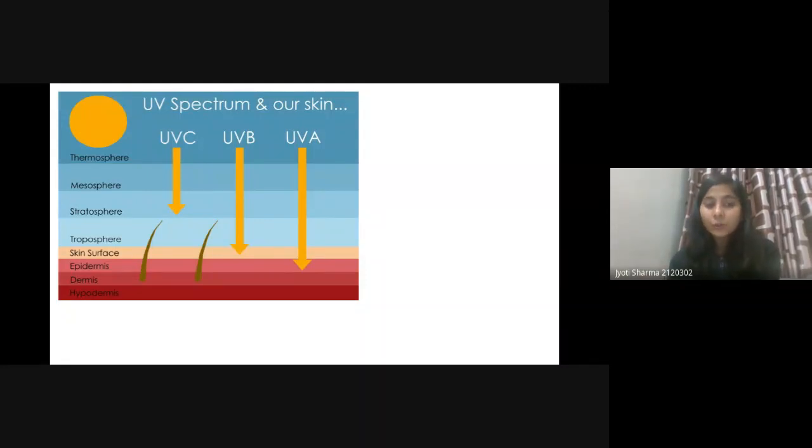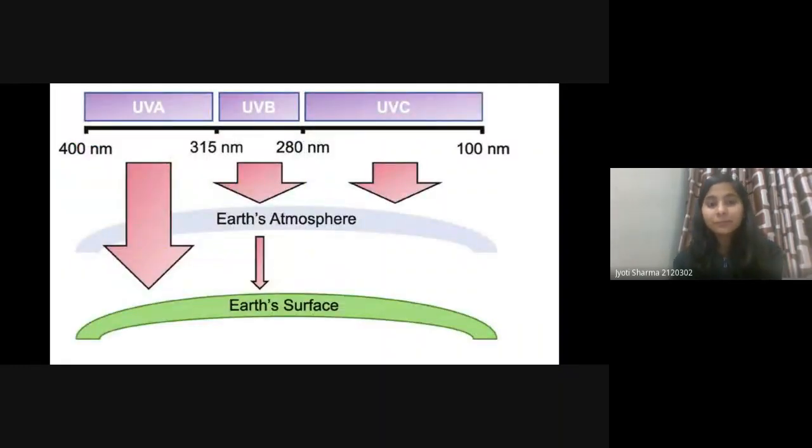So if it is ultraviolet radiation C, it will already be captured by the ozone. Another point is that these three types of ultraviolet radiation have different ranges.